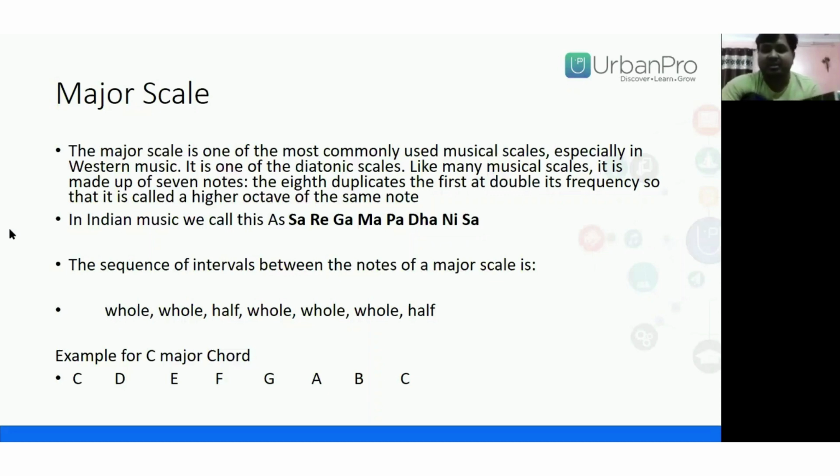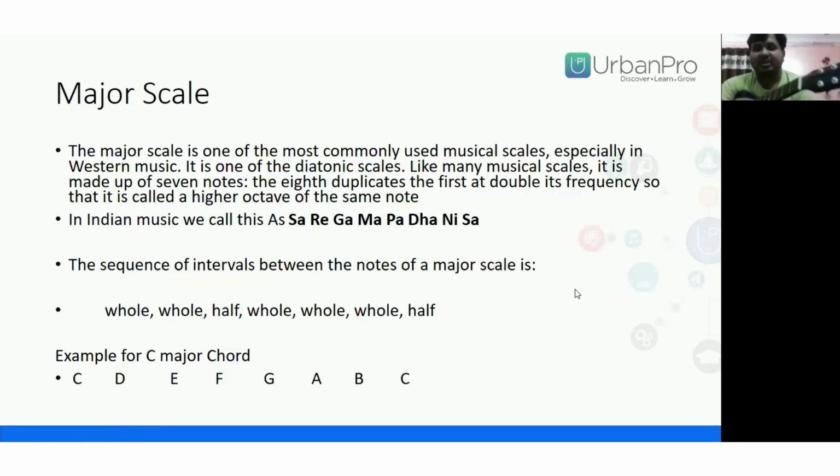Right, so this is about the scales, and there is a sequence that you must follow to form the major scale. It is the formula that you have to use: whole, whole, half, whole. What does it mean?